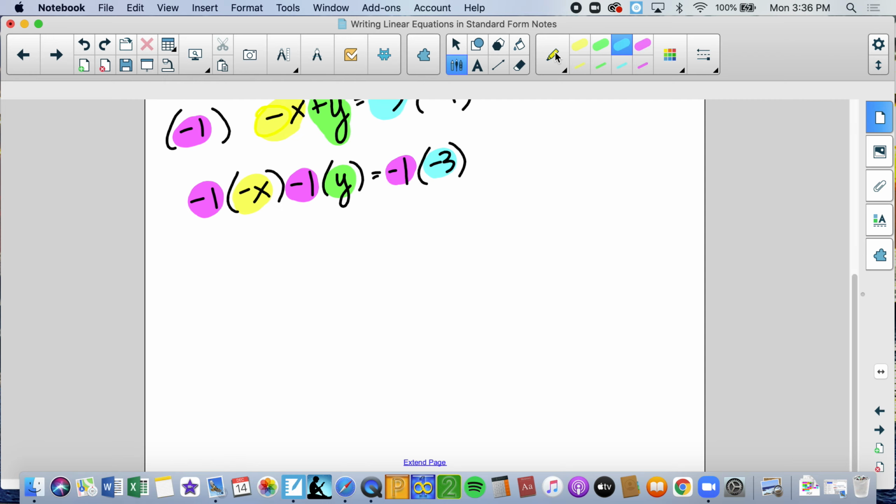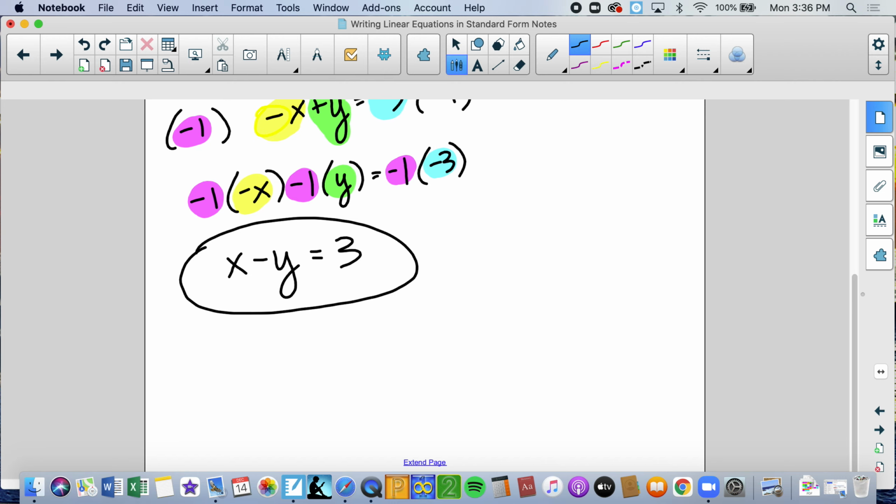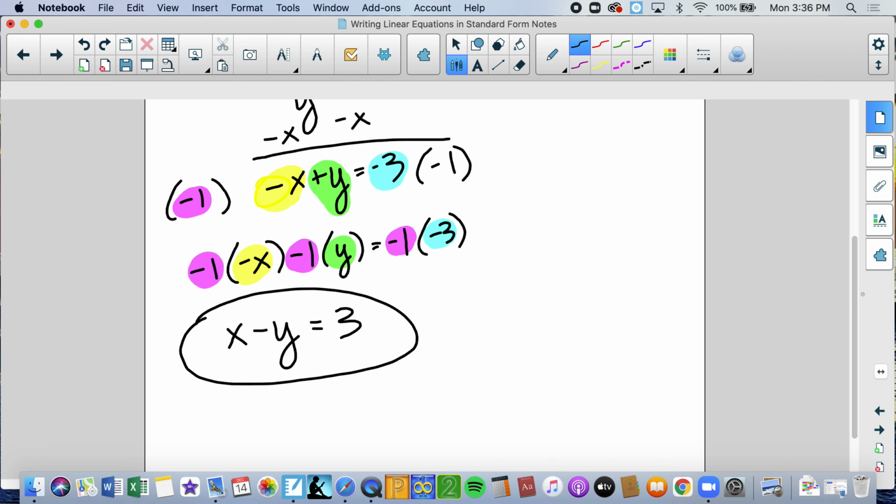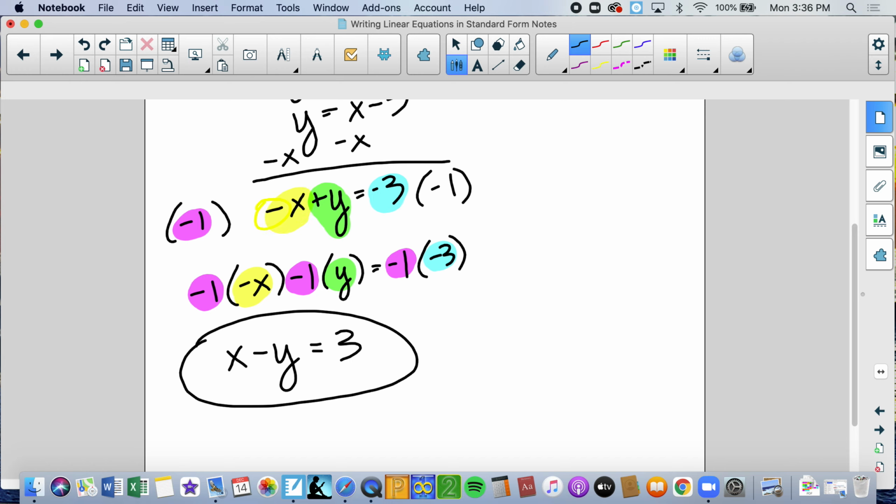If we simplify those, -1 times -x is +x, -1 times y is -y, equals -1 times -3 is +3. Now we notice we just wrote an equivalent equation to my first one, -x plus y equals -3. And now the equivalent equation is x minus y equals 3. That would be my answer. A is now positive. A, B, and C are still integers.